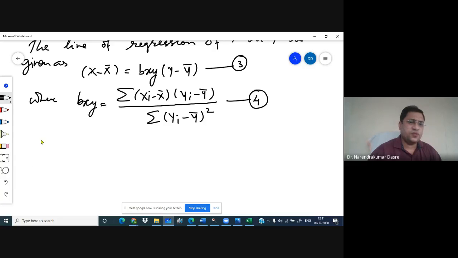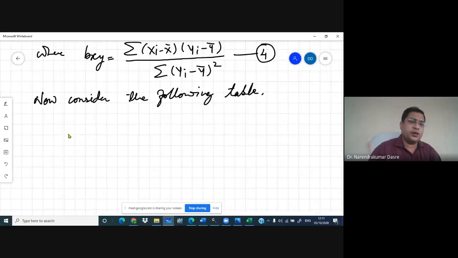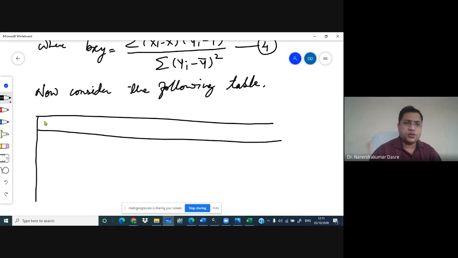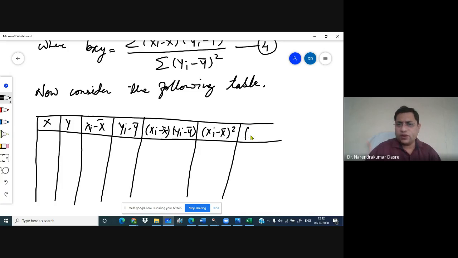So now consider the following table. What we require in this table is: x is given, y is given, then we want xi minus x bar, yi minus y bar, then the product (xi minus x bar)(yi minus y bar), and the squares, (xi minus x bar) square and (yi minus y bar) square.